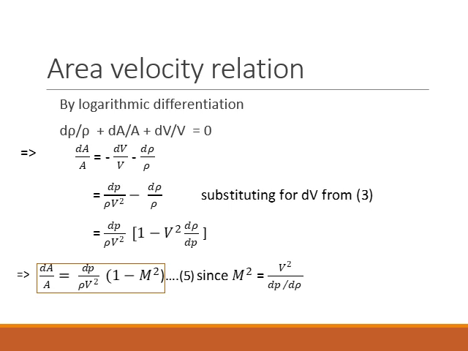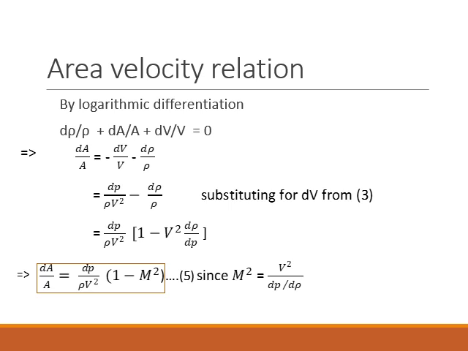Now this can be written in simpler terms when we understand that dP upon d rho represents the square of sound velocity, and Mach number is V upon sound velocity.